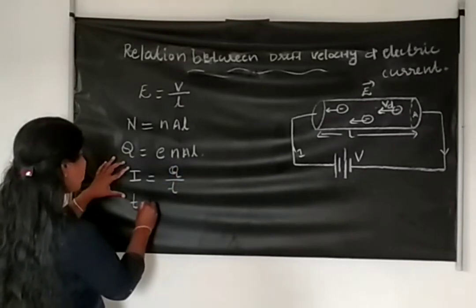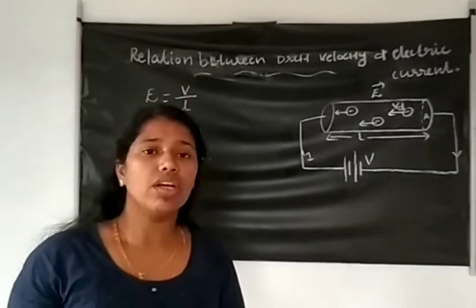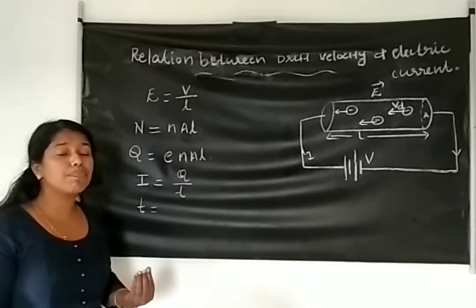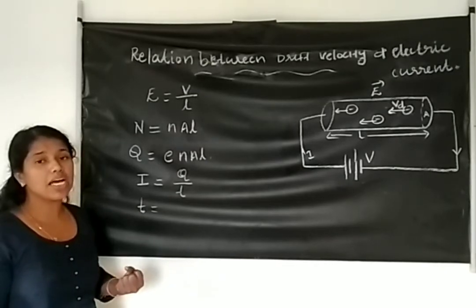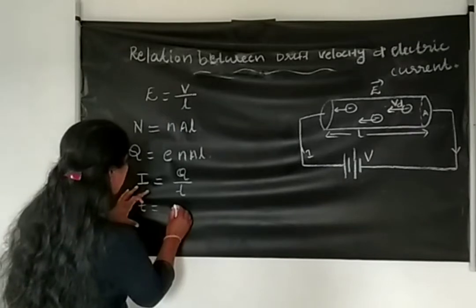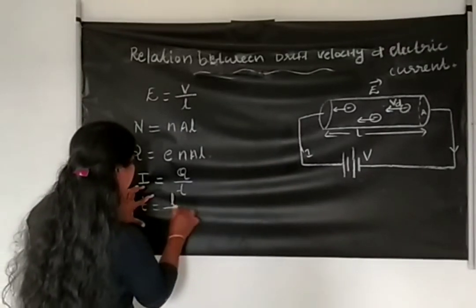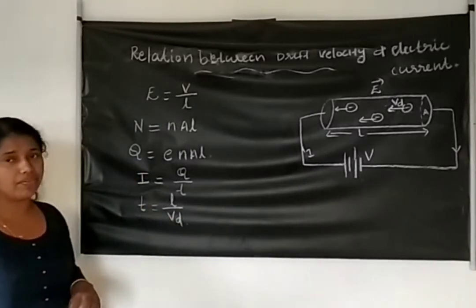Here t is the relaxation time, which is the mean free path divided by the RMS value of the velocity, that is L divided by vd.